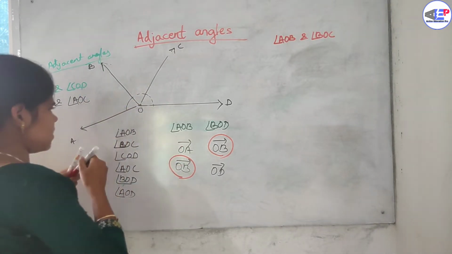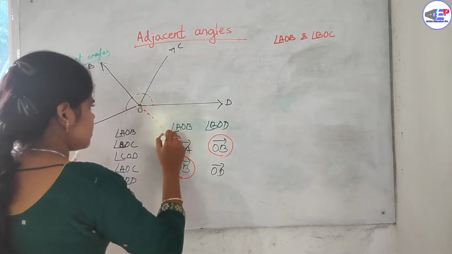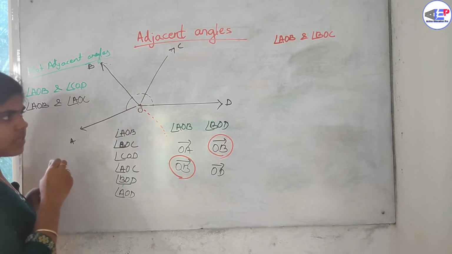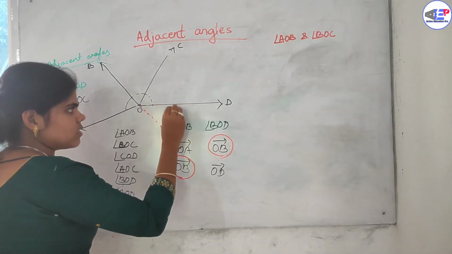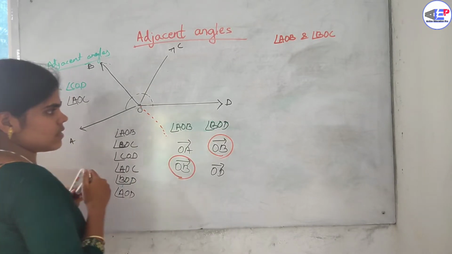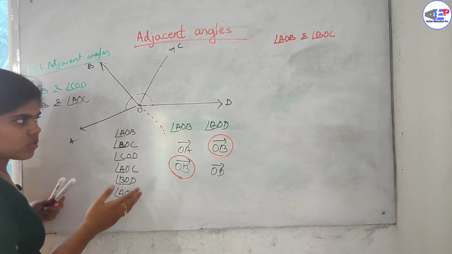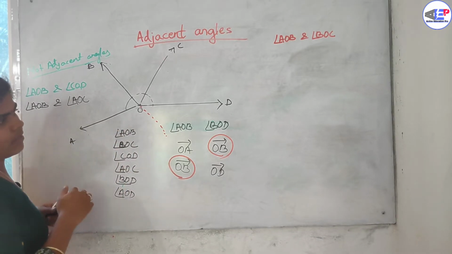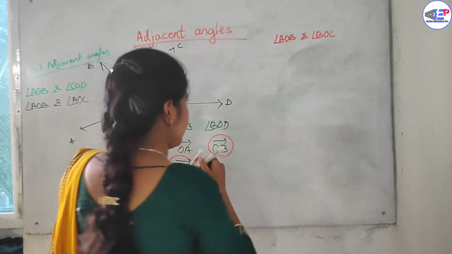If you draw a dotted line, you can see OD and OA are present on either side of this common arm OB. So these two angles satisfy these two conditions to be a pair of adjacent angles. So AOB and BOD are adjacent angles.